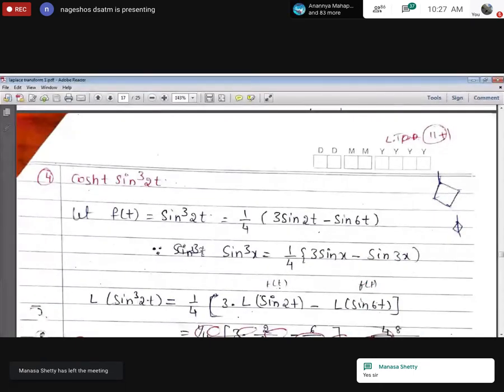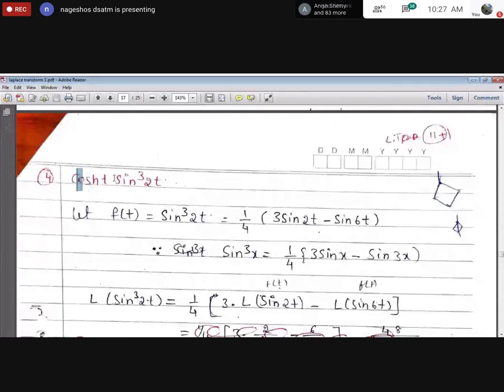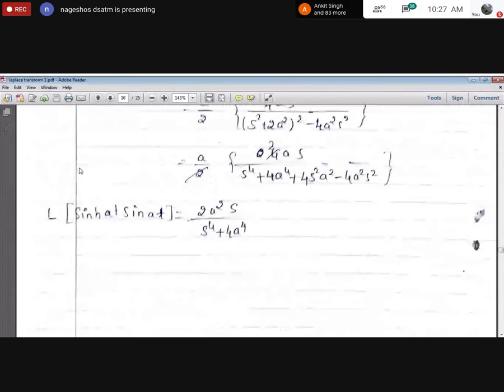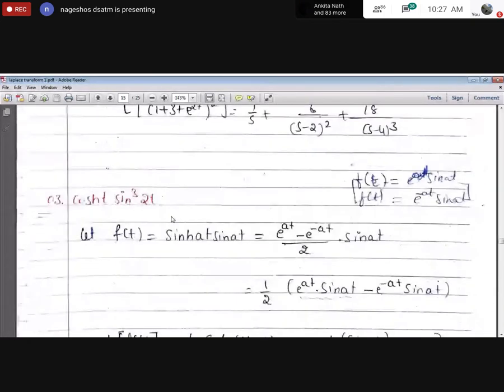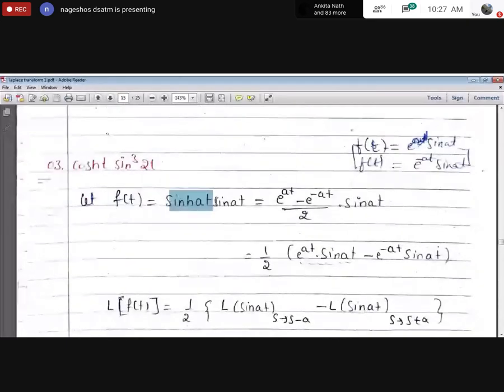Cos hyperbolic t sin cube 2t. First thing is, write this cos hyperbolic t as exponential. Then it will reduce us to the first property like e power at. So how we did in the previous problem, sinh at sin at.